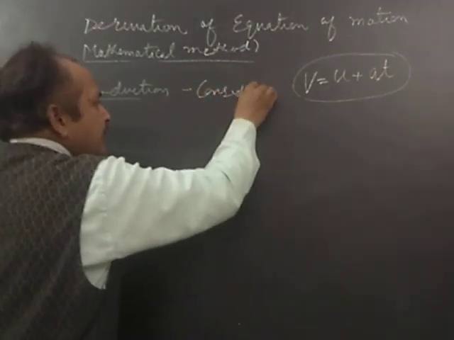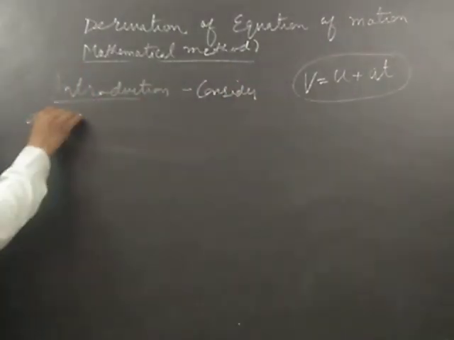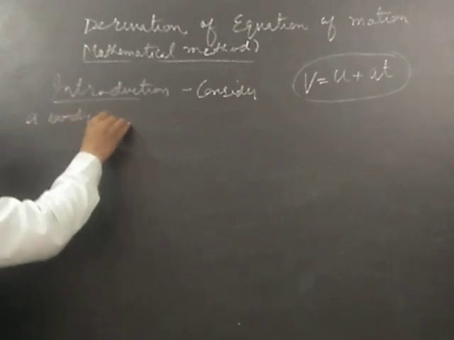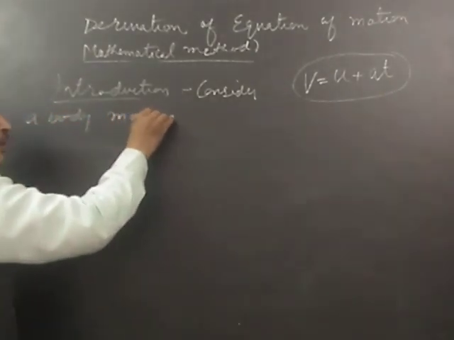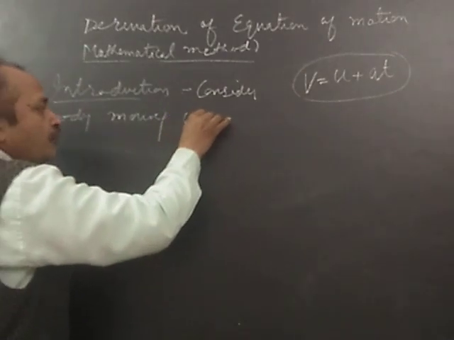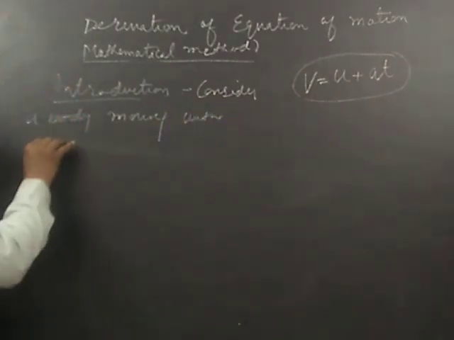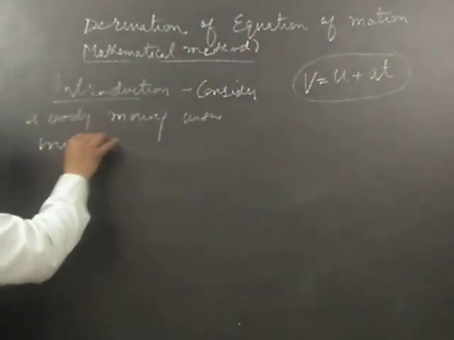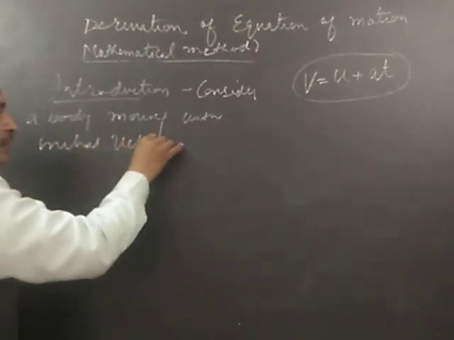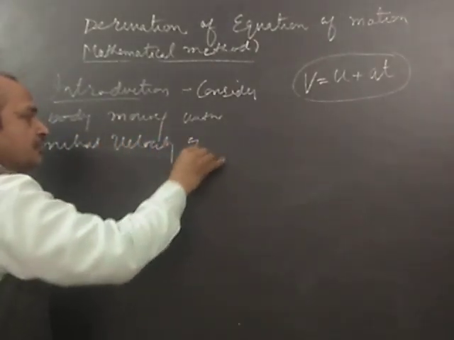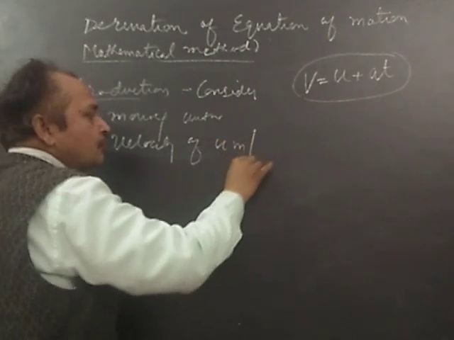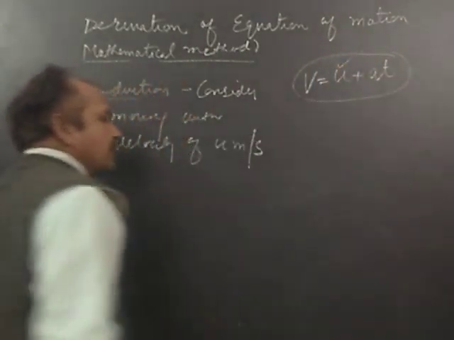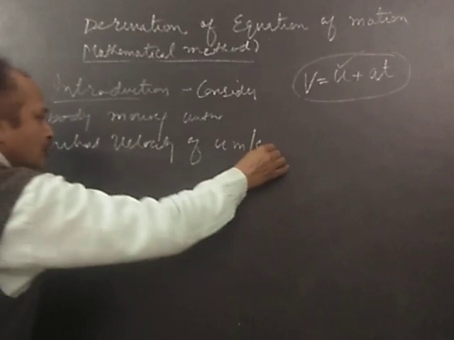Consider a body moving with initial velocity of u meters per second, full stop.